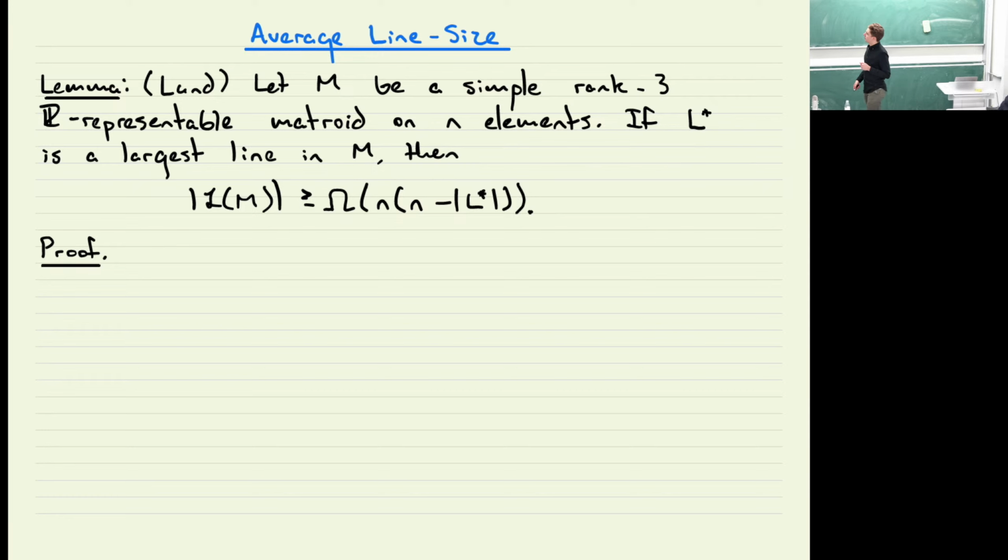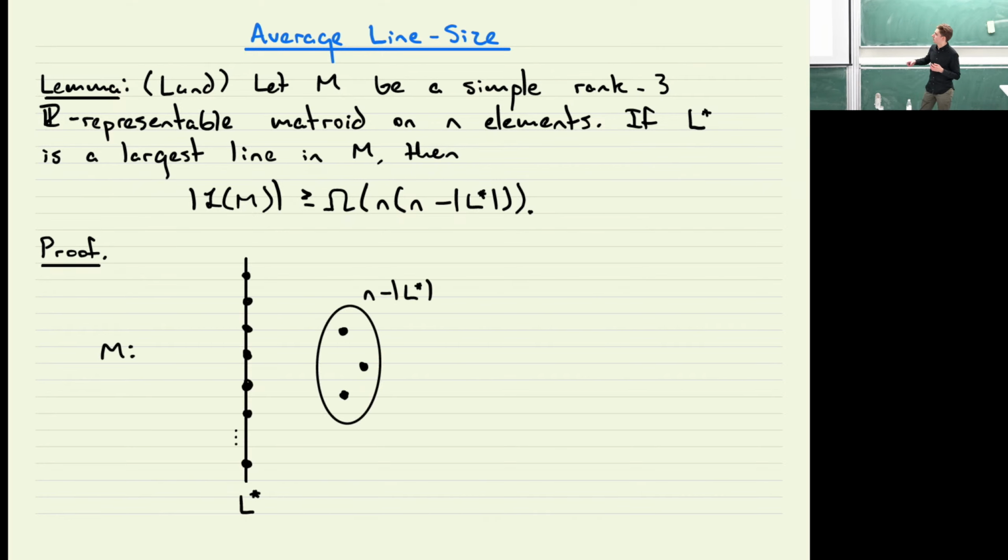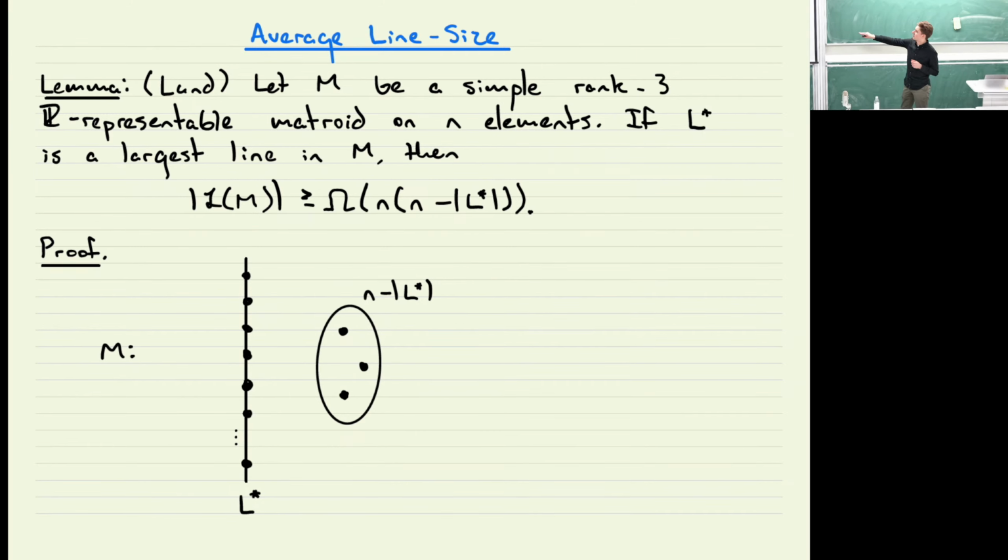The way we prove this is, like I said, we use Beck's theorem to get structure. We can use Beck's theorem immediately, because if we get quadratically many lines, we win. So you can view your matroid as consisting of this massive line, again, as big as you want, and this tiny set of leftovers. Okay.